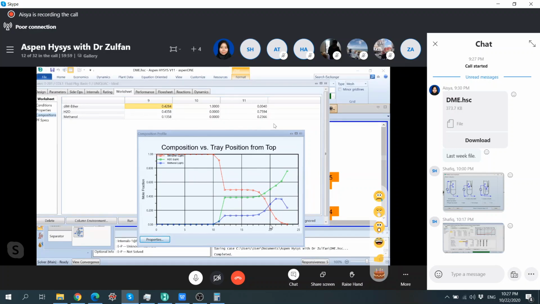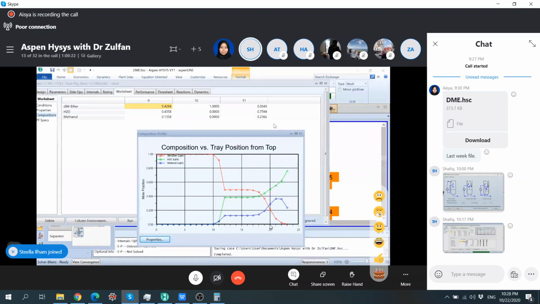The second way is that I think Shafiq mentioned that you can do a case study. You can do a case study, and then vary the stage number, and then plot the reboiler and the condenser duty. Can you follow? Yeah.